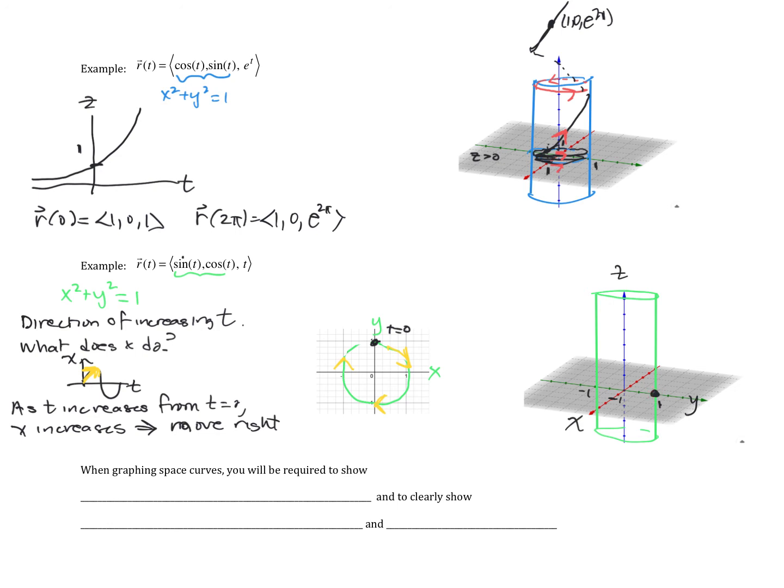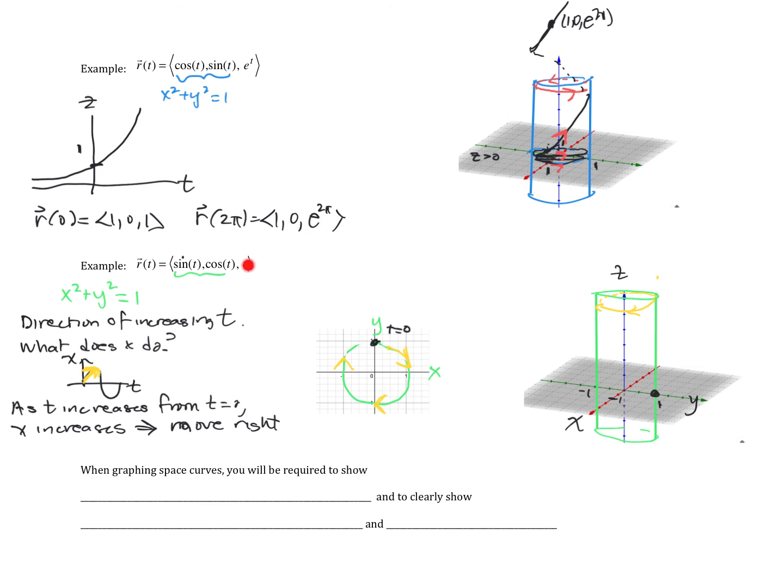But we're going from the positive y-axis around towards the positive x-axis. That means we're doing our motion where we're coming around the front towards the back, around the front towards the back. Okay, so if you're looking down, this time it's clockwise if you're looking down from the top. So from here, we're going around the front, then back, around the front, and then back.